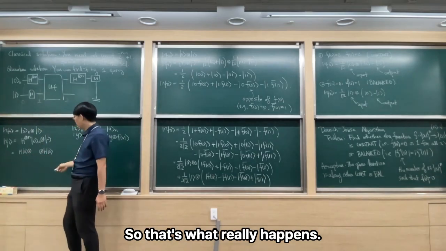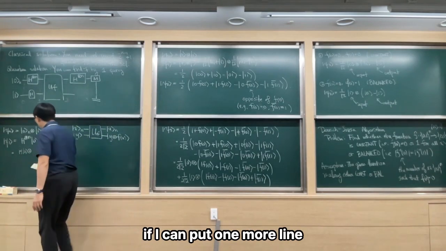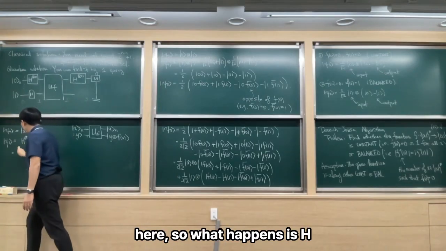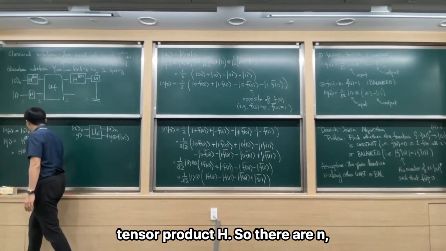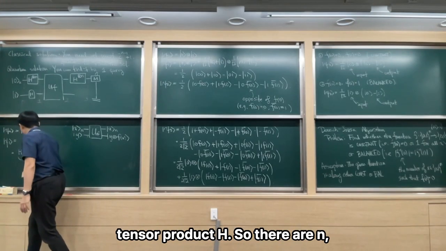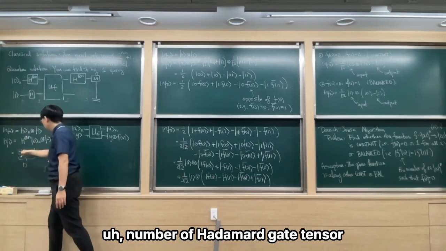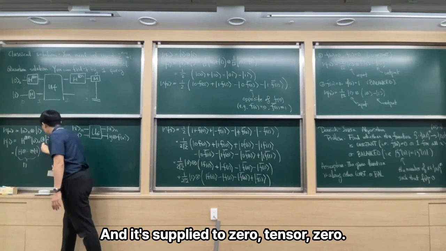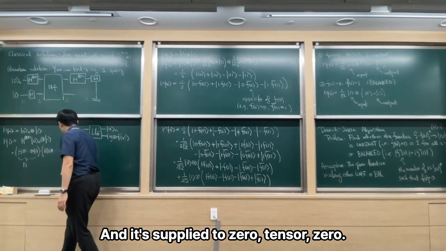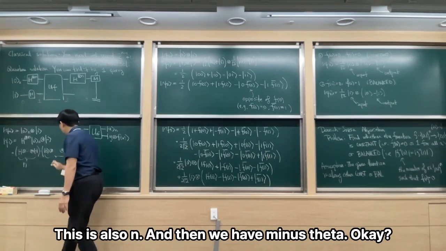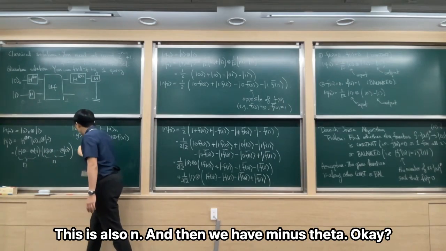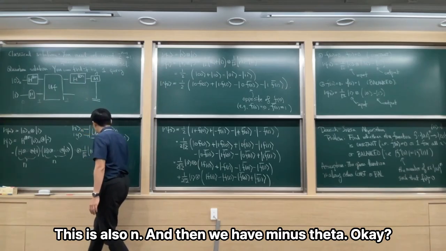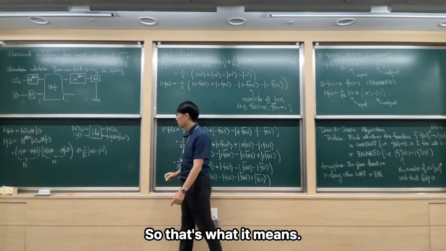What really happens is H tensor product H. There are n Hadamard gates tensor producted with each other, so this becomes an n-qubit gate, and it's applied to ket 0 tensor ket 0, also n times. And then we have the minus state. That's what it means.